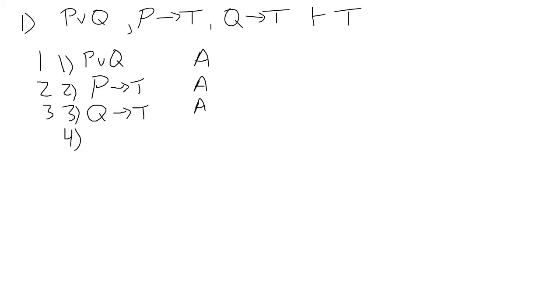So this first problem is as basic as it gets. We'll never have another wedge out proof that is as easy as this one. But for a wedge out, what we're looking for is to get to the conclusion. And it's difficult for wedge out because there's no inclination that you're going to have to use wedge out by looking at the conclusion. The conclusion is just a single letter by itself.